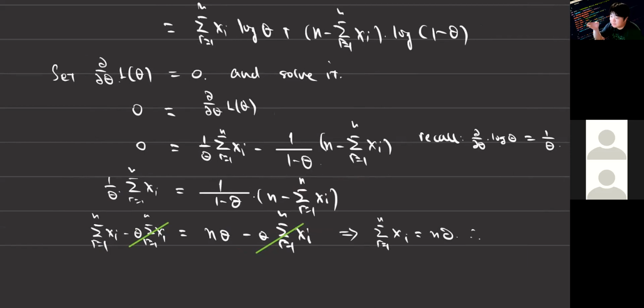To solve for theta, which is the MLE, the maximum likelihood estimator, theta hat is going to be 1 over n summation i from 1 to n of xi, which is essentially just x bar.